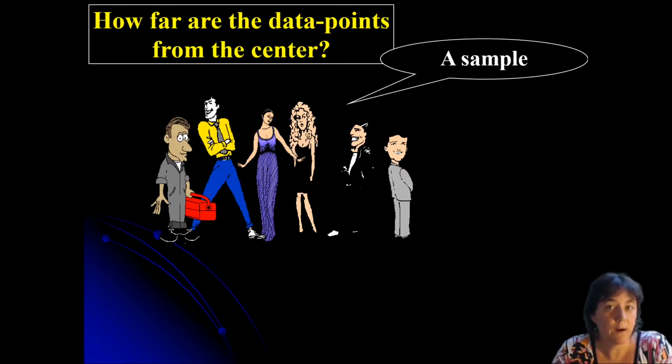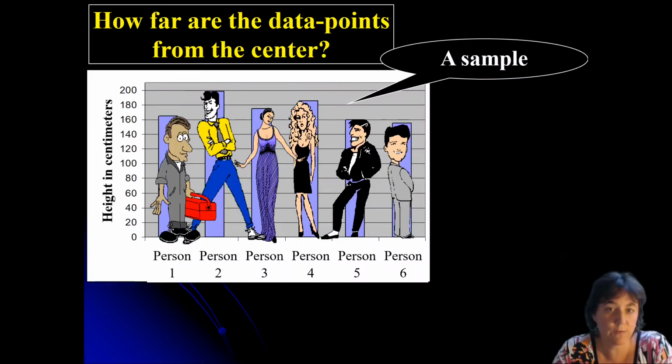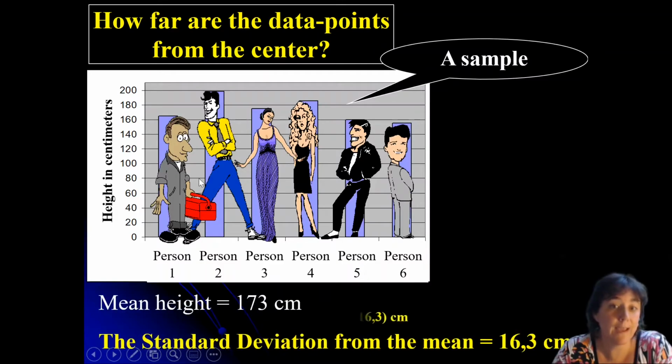How far are the data points from the center? That's the main question of dispersion measures. So person number 1 is obviously a little shorter than the average, which is 173 centimeters. It's somewhere here.